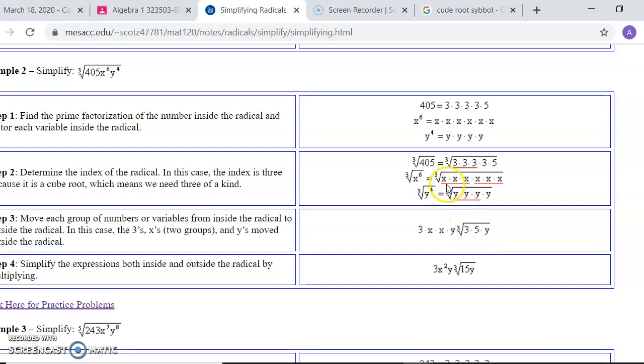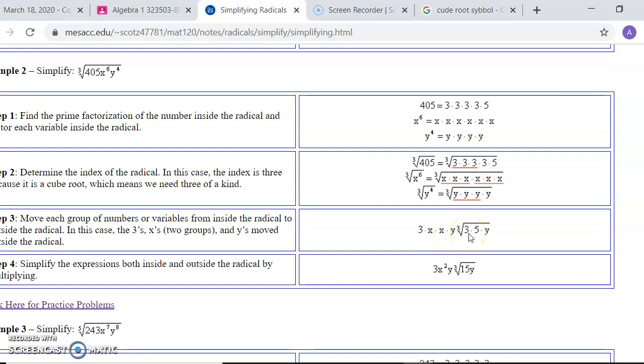Here you have 3 x's and 3 x's over here. So the cube root of x cubed will be x. Here you have only 3 y's, but you don't have anything here. So the cube root of y cubed will be y.